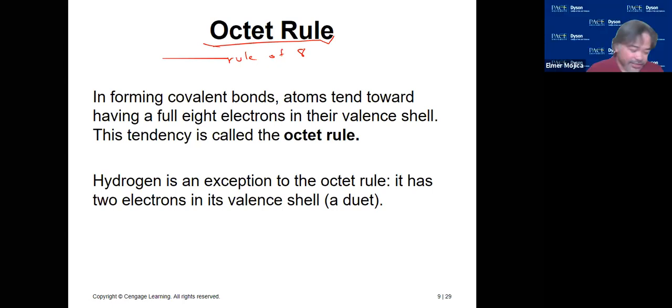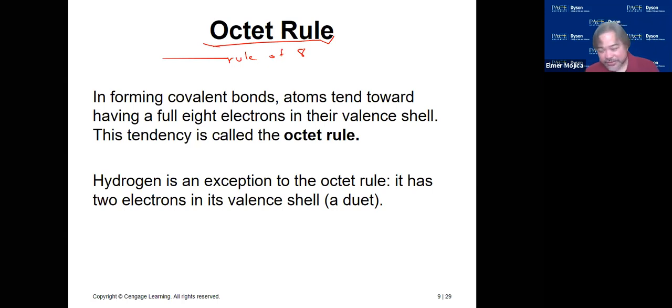The octet rule states that in forming covalent bonds, atoms tend toward having a full 8 electrons in their valence shell. This tendency is called the octet rule.